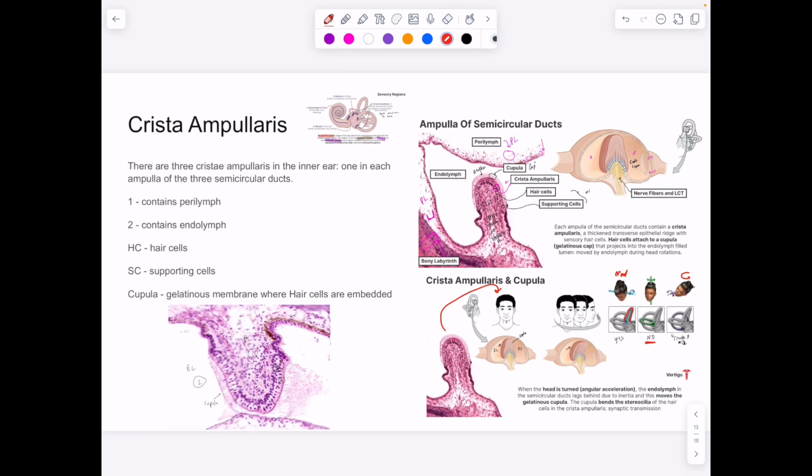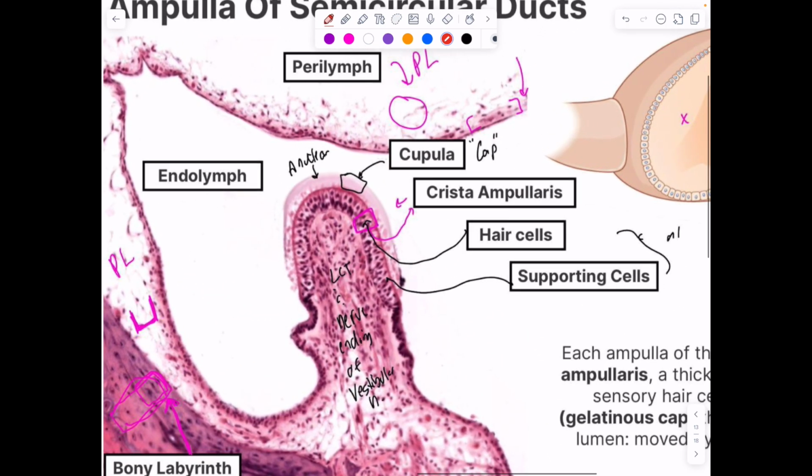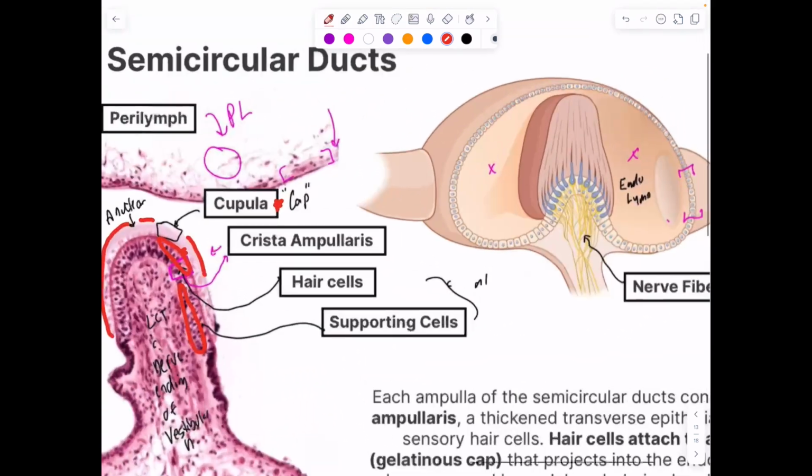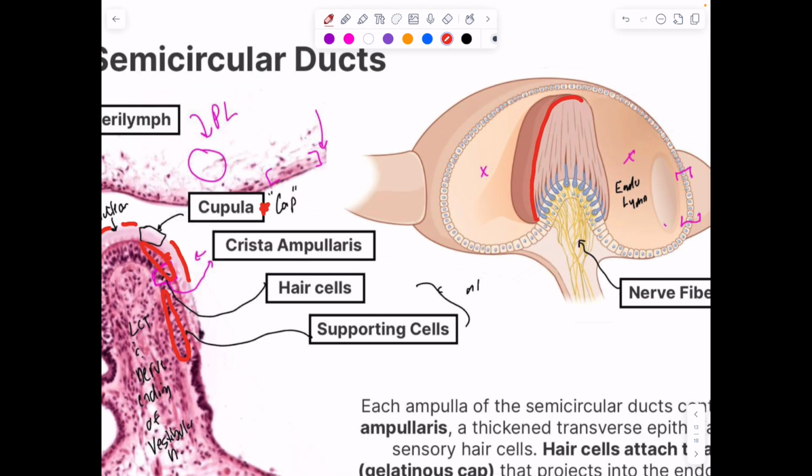And so basically the same premise applies. You have your hair cells more apically. Then you have your supporting cells. They extend their stereocilia into a gel layer, and the gel layer is called the cupula in this case, or cap, and it looks kind of like this. So this would be the cupula.